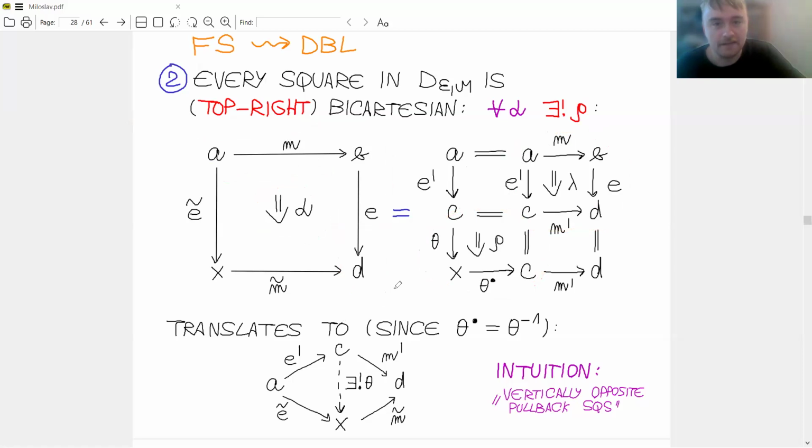It's because in this double category of commutative squares, this theta bullet is forced to be inverse to theta, and theta is an isomorphism. It ultimately holds because the factorization is unique up to an isomorphism. Earlier I showed you a property of pullback squares, and this is vertically dual to it. So that's the intuition: it's vertically dual to pullback squares.